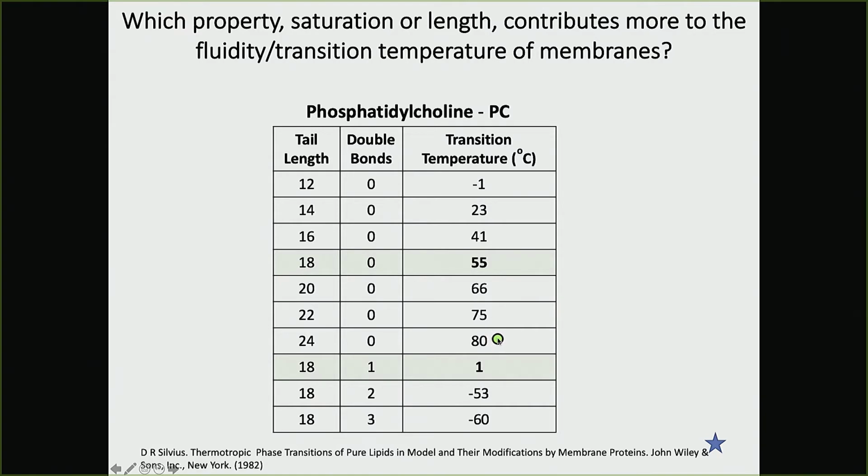A saturated fatty acid without any double bond has a transition temperature of 55 degrees. Now, in the same place, you just introduce one double bond, and the transition temperature drops by 54 degrees. It is hugely dramatic that just one double bond can drop the transition temperature from 55 to 1 degree.